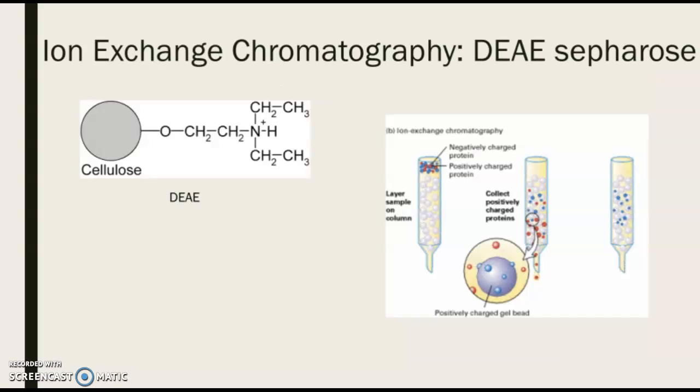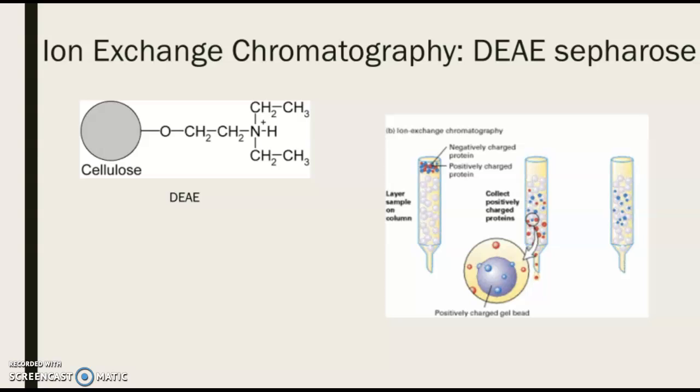The DEAE column uses a solution known as DEAE Sepharose. This is similar to the nickel Sepharose, however it uses a different chromatography method known as ion exchange. The diagram on the left shows the structural component of DEAE, where a chain is attached to a cellulose with a positive charge.